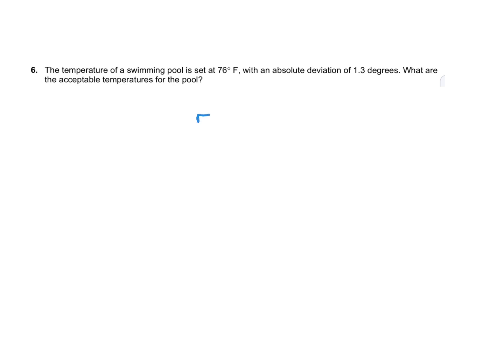We have to have it at 76 degrees with an absolute deviation of plus 1.3 or minus 1.3. So it can be anywhere in that range. And so it could be then our temperatures, if I minused, I'd have 74.7, or if I added it, I could be at 77.3. So those would be all the acceptable ranges.